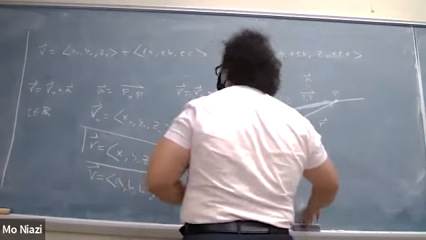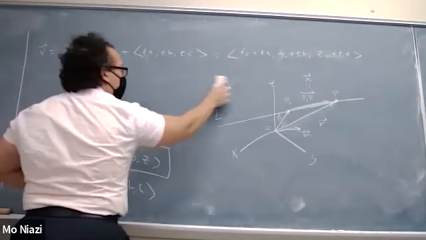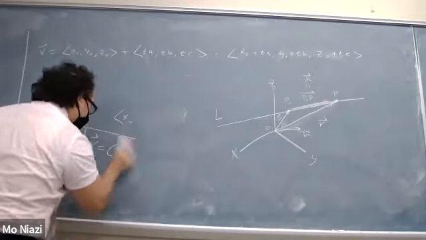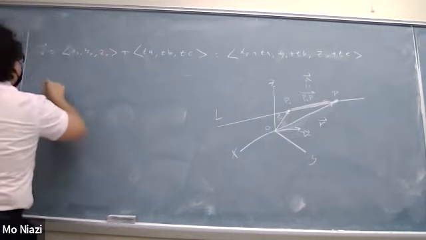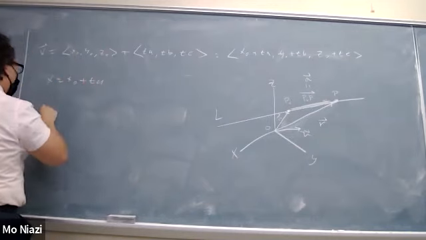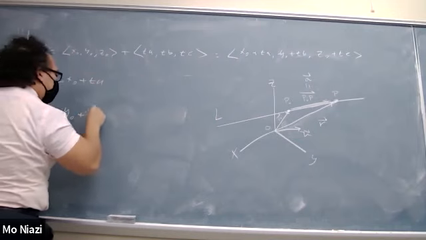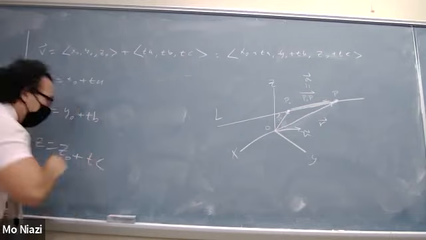I get something very amazing here. I get x is equal to x naught plus ta, y is equal to y naught plus tb, z is equal to z naught plus tc.